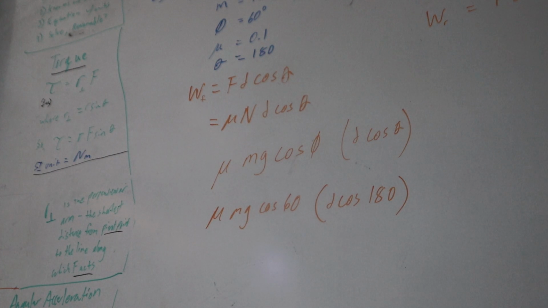So we put that in that equation. And then there's also the force of friction. So we can add those up. And then it's mg sine of theta.